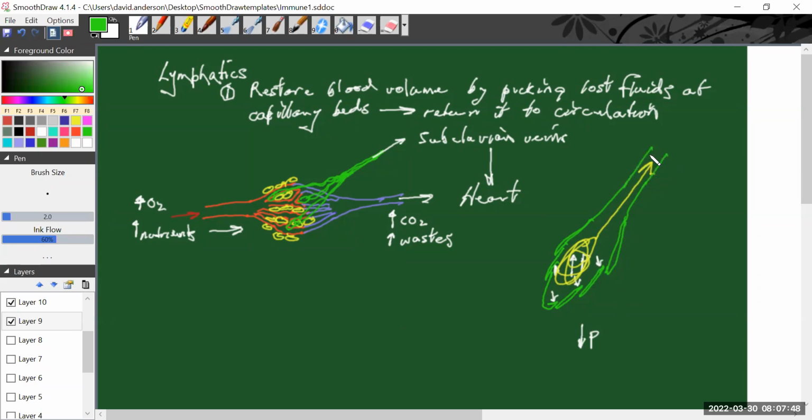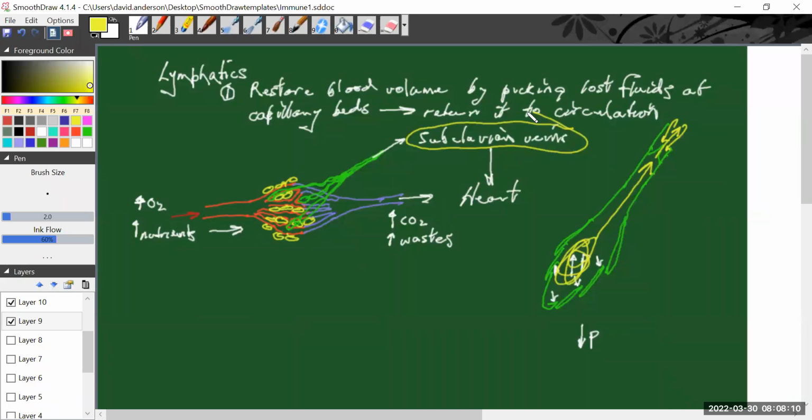As we move along the vessel, we've got these one-way valves that allow flow in this direction. But if the flow tries to go backwards, it shuts the valve down. So we get one-way flow that's heading back to the subclavian veins that are up near the heart.